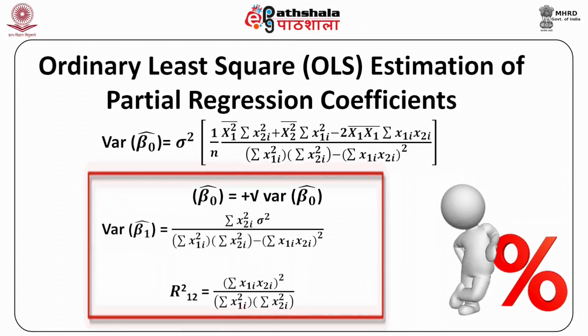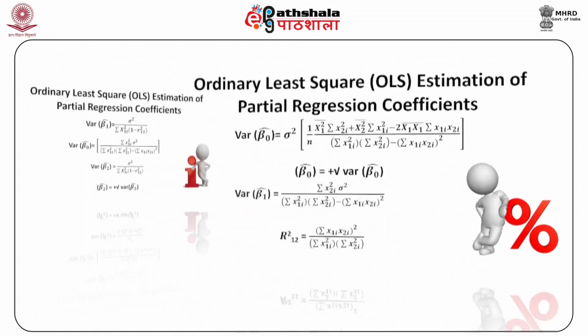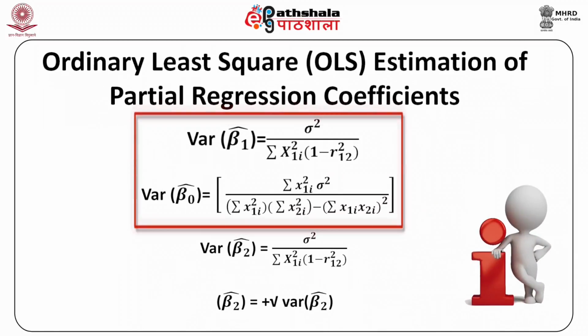We know that r squared 12 is equal to summation x1i x2i the whole squared divided by summation x squared 1i summation x squared 2i. Therefore, variance of beta hat 1 is equal to sigma squared divided by summation x squared 1i into 1 minus r squared 12, where sigma squared is the homoscedastic variance of the population error term u i.